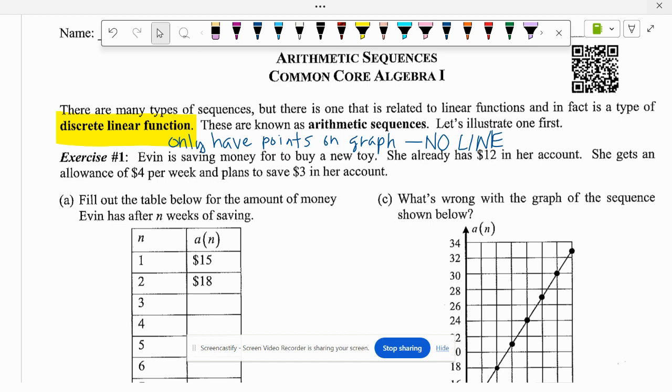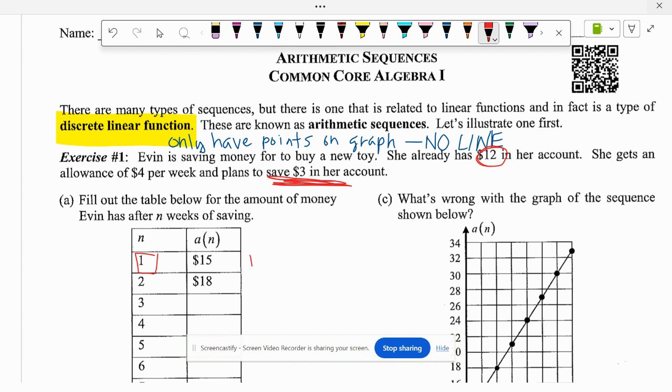Okay. So Evan is saving money to buy a new toy. She already has $12 in her account. She gets an allowance of $4 per week, but she only plans to save 3 of it. She started with 12. So after the first week, when I let n equal 1, she has $15.